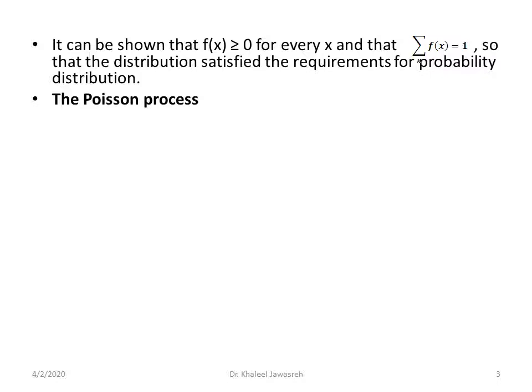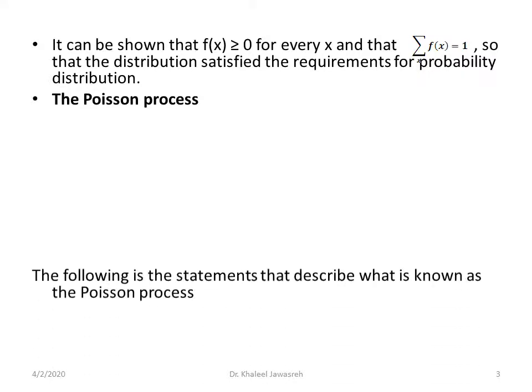So return to the binomial distribution and the probabilities, cumulative probabilities, and relative probabilities. You can see they have the same characteristics, which are greater than or equal to 0, and the summation of all those probabilities should be equal to 1, so that the distribution satisfies the requirement for a probability distribution.